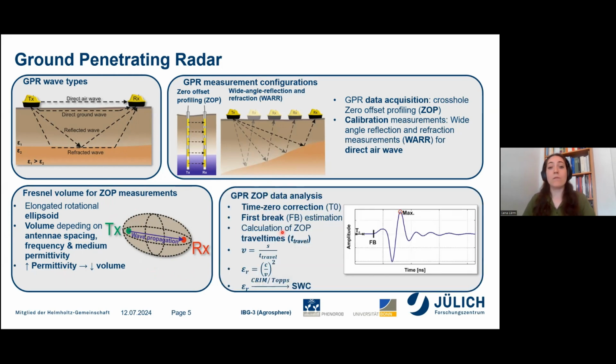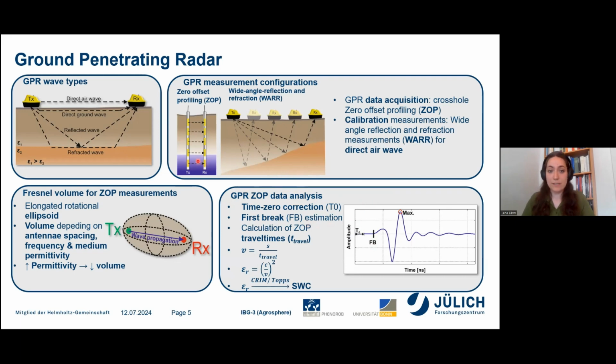I will give you a quick overview on how I analyzed my data. We did the zero offset profiling method, and therefore we first need to do a time zero correction. With that corrected wave, we get a first break, and that gives us the travel time of our GPR wave.